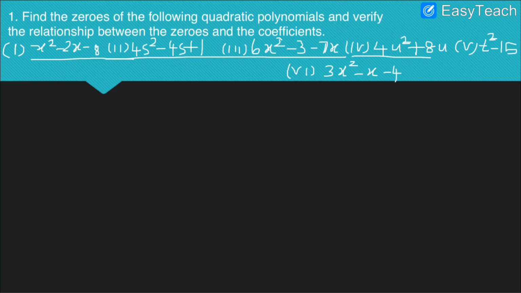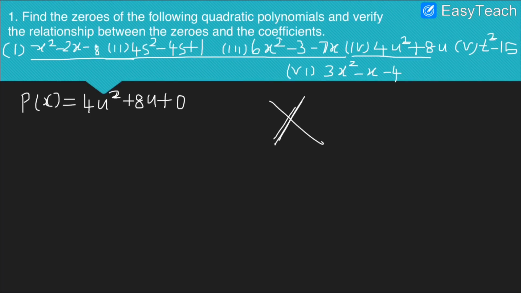Okay, let's try solving. First of all, I write the polynomial as p of x. Here we don't have a constant, otherwise 0, so we cannot perform the cross method. Instead I use a different method, which is taking the common term out.